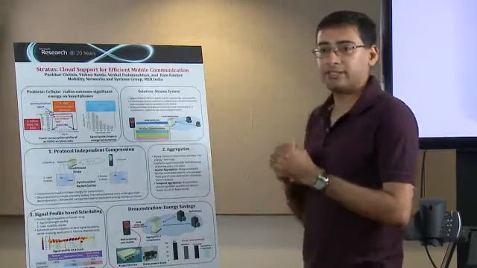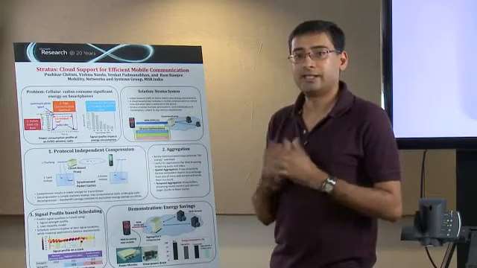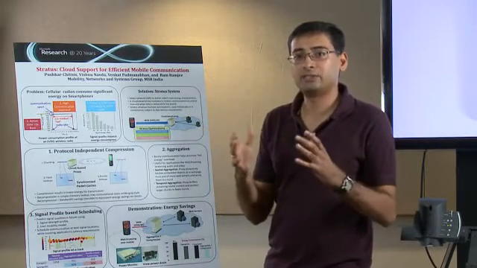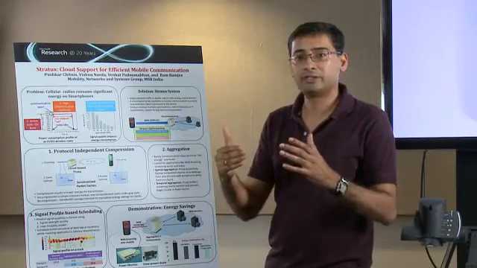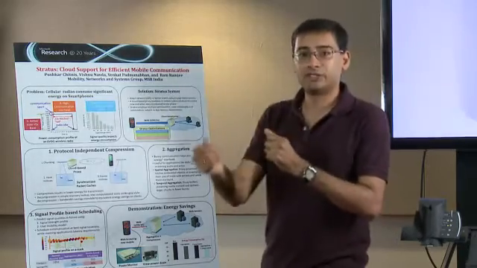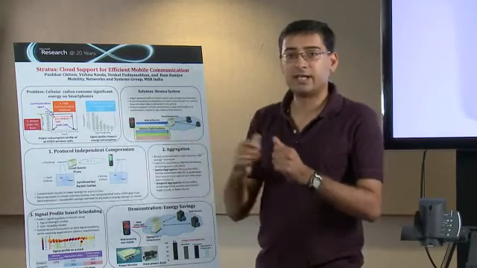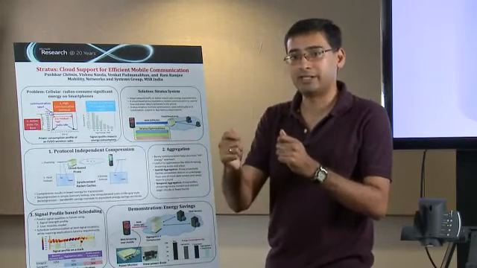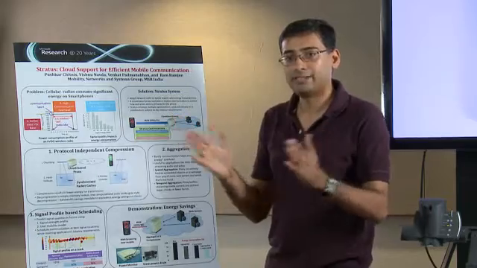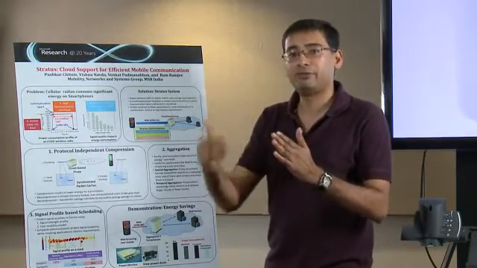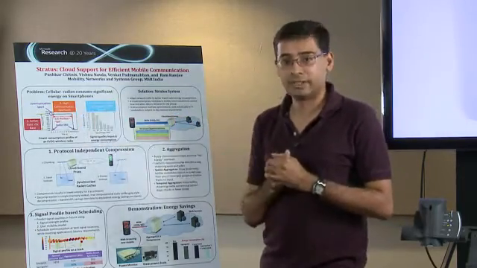The second optimization we have is aggregation. The key idea here is to batch together sporadic communication and send it in one shot. As a result, we save on the second problem, which is the energy overhead for each communication. By batching together, you pay far fewer communication overheads.